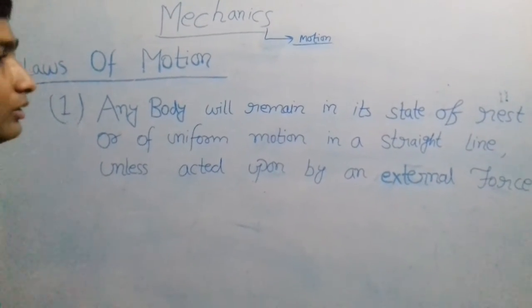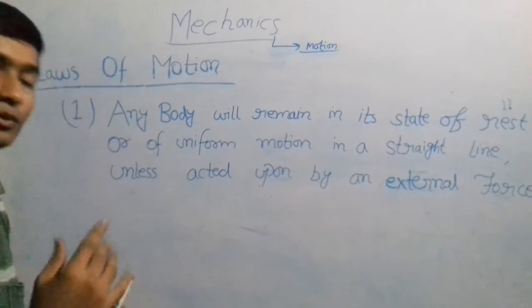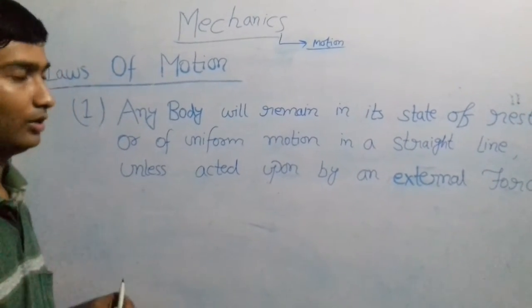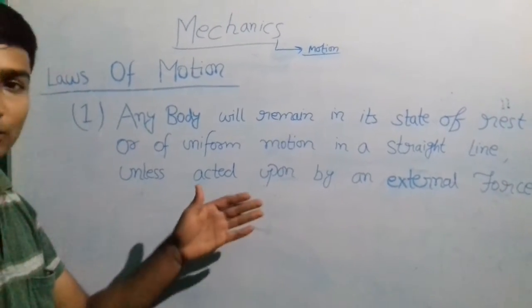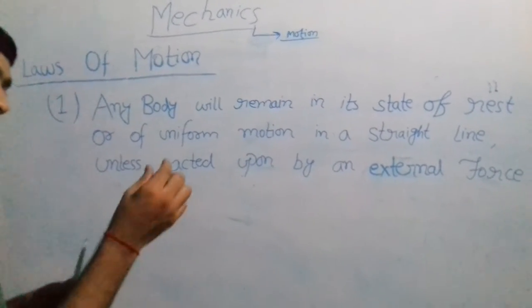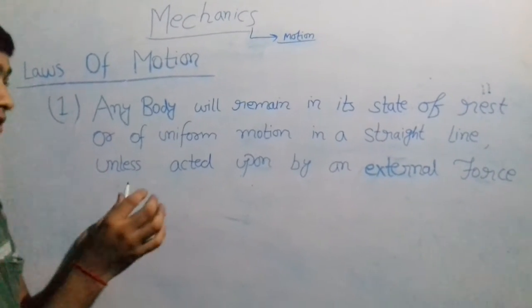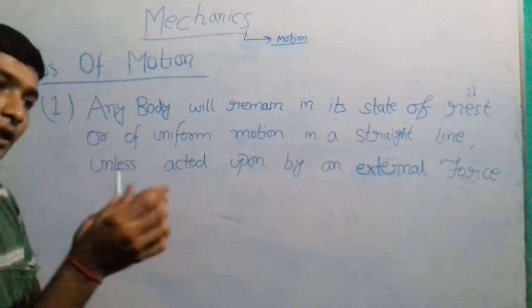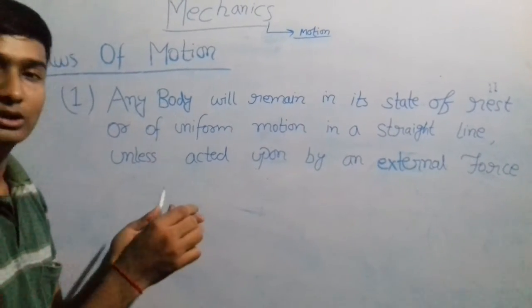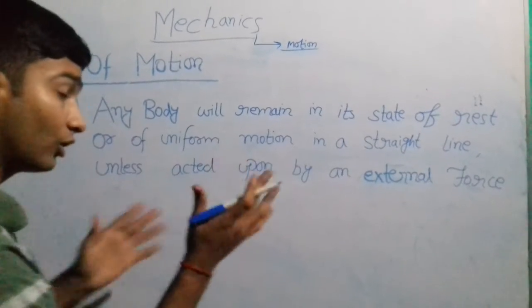Because when we hit the cloth, it goes into motion, because the force is applied on it. But the dust particles, which are in the state of rest, want to remain in their initial state of rest, but the cloth moves.